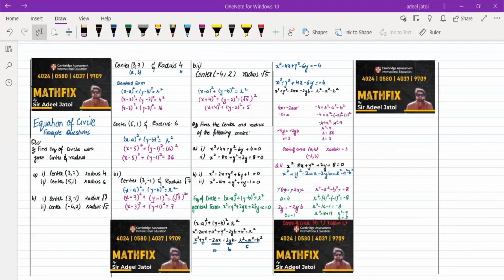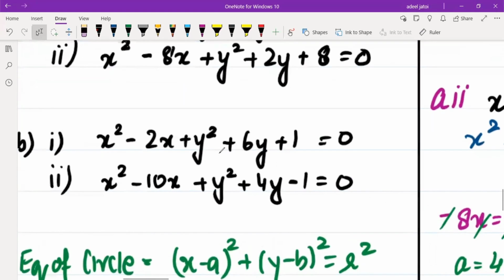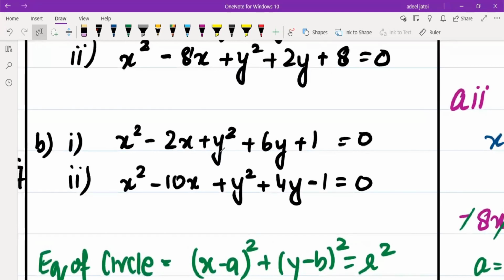Okay. Now what you need to understand is that in the question that I have already given you, B part 1 and part 2, try solving them yourself, understanding the answer. The answer for B part 1 is that the center is 1 comma minus 3 and the radius is 3.